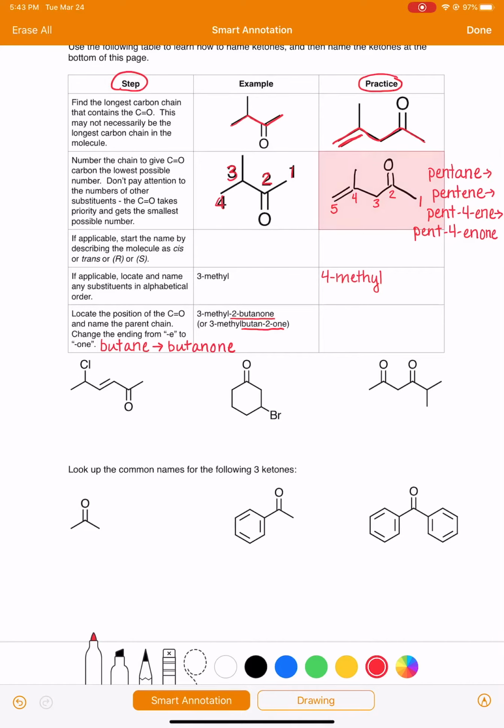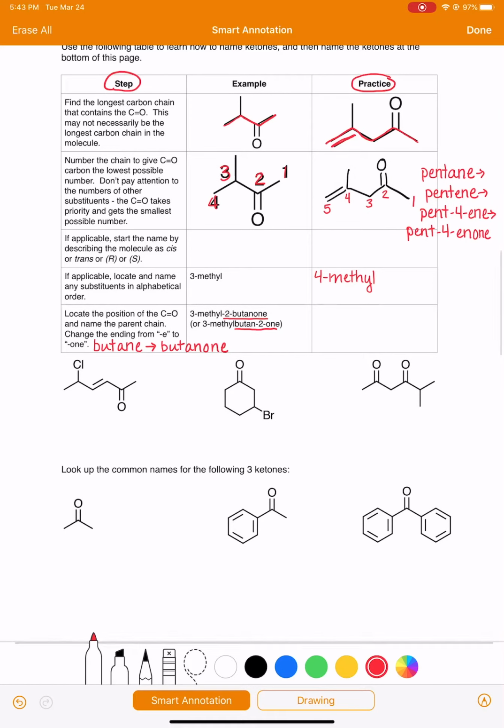But remember, with ketones, the carbonyl group could be pretty much anywhere. We have to say where the carbonyl group is located also. So this is a pent-4-en-2-one.